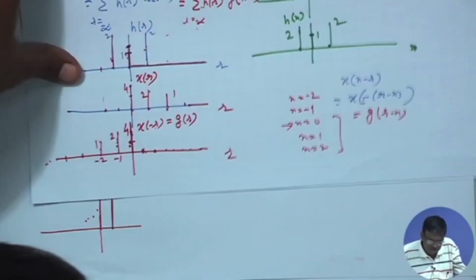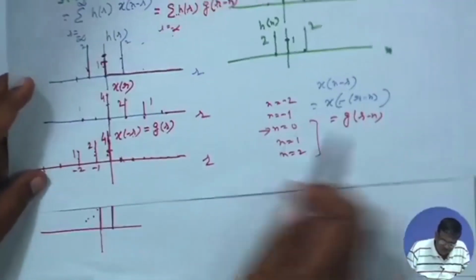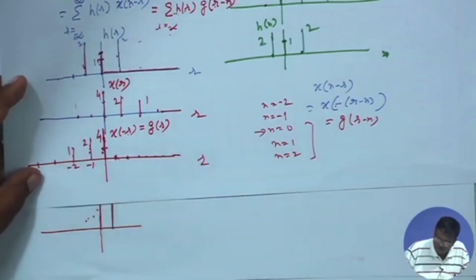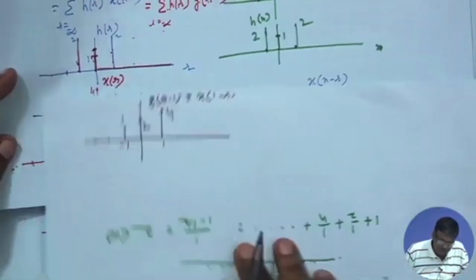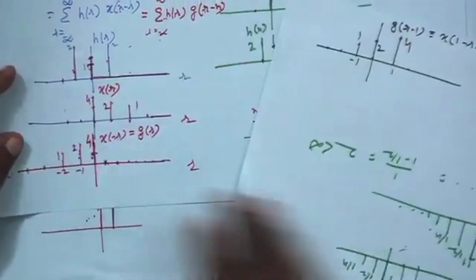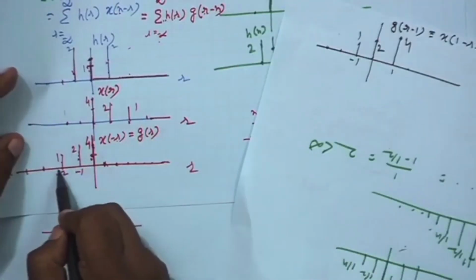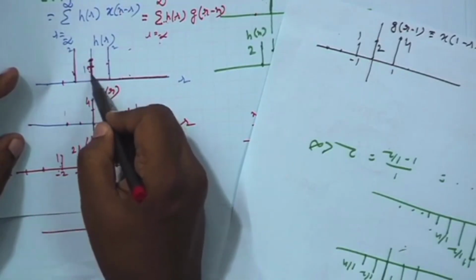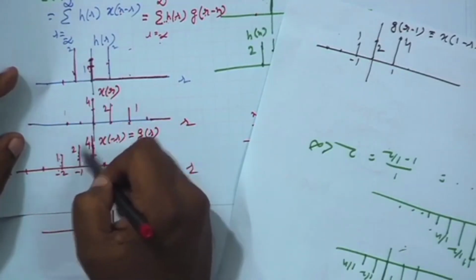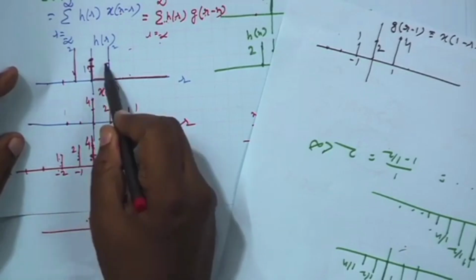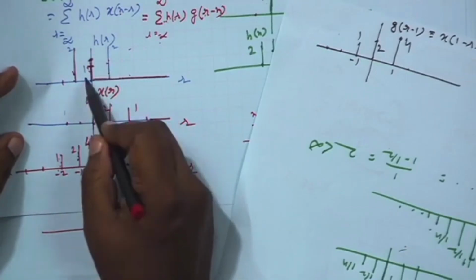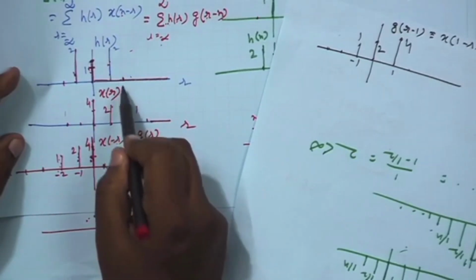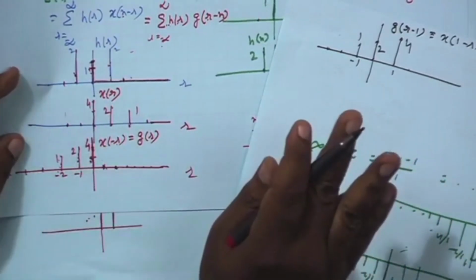In the same manner, for n equal to 2, how much will it be? This is shifted to the right by 2. So, minus 2 will come below this, this point will come below this, that will give rise to 1 into 1. This 2 will come below this, that will give rise to 2 into 2. So, 2 into 2, 4, and 1 into 1, 1. The 4 will come here, but that has 0, so no contribution.